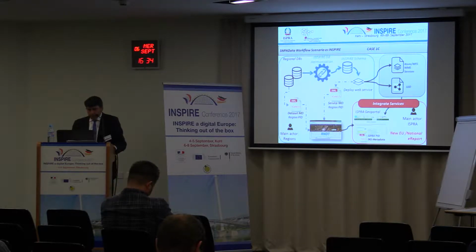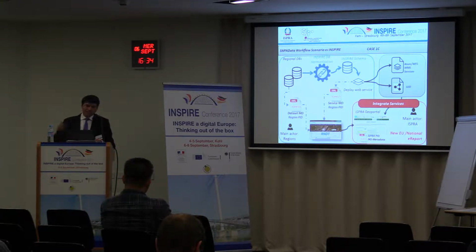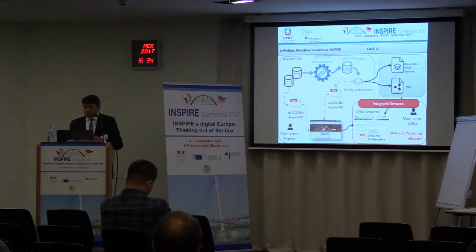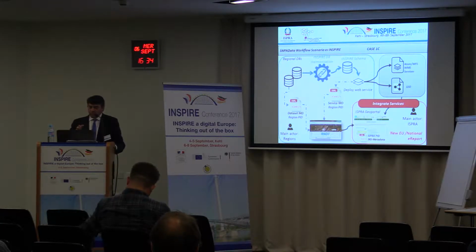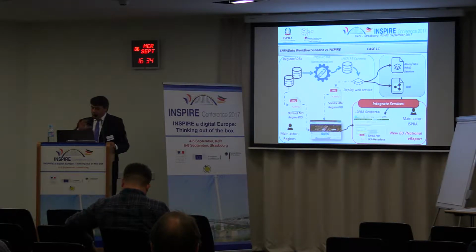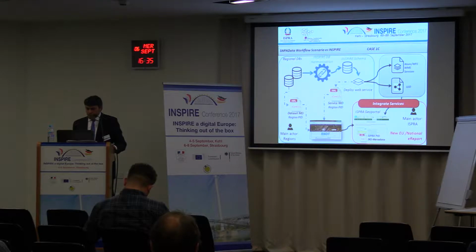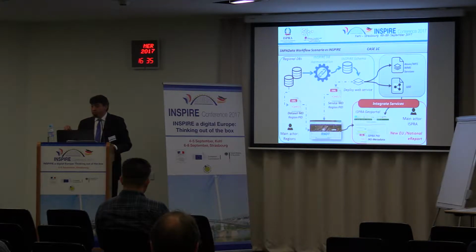Case 1C is still a more complex one, because we have data that is more or less similar. We have the database at the regional level, we harmonize at the national one, but in some cases we have data that is directly provided by the region in a standard way. So we have to integrate this data.